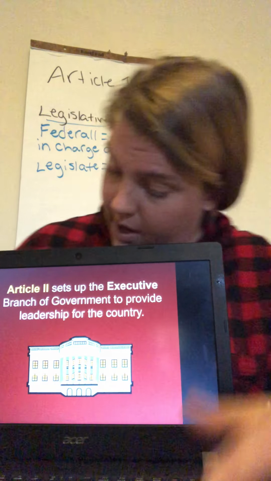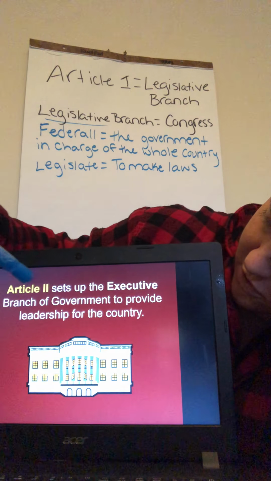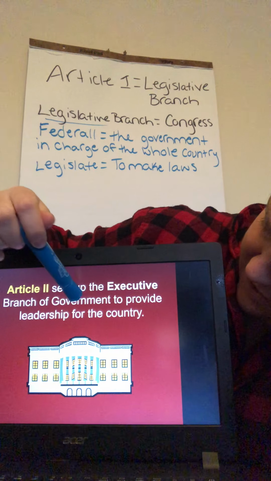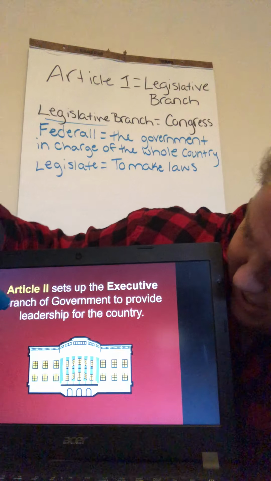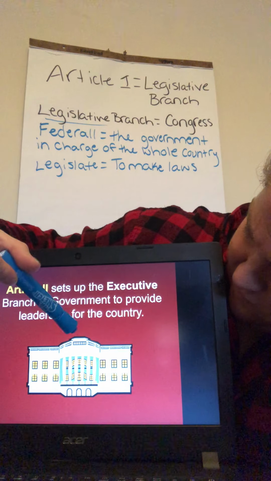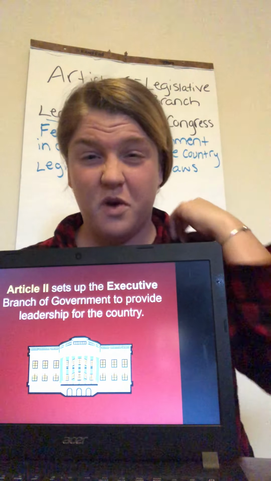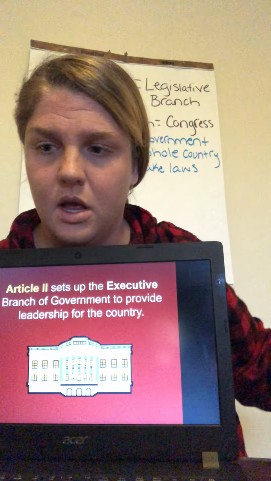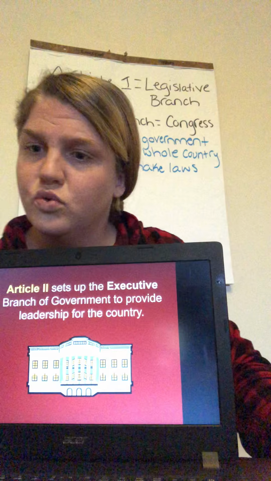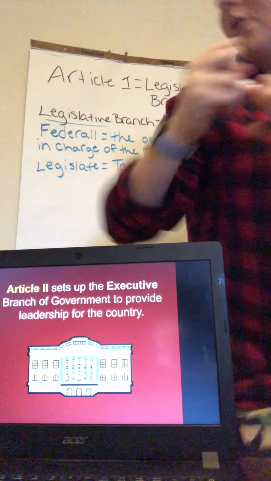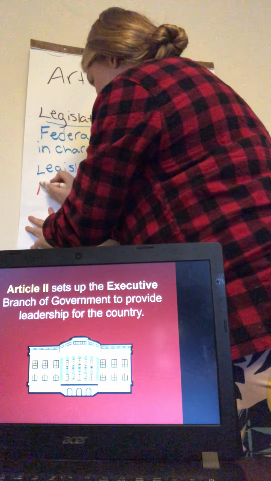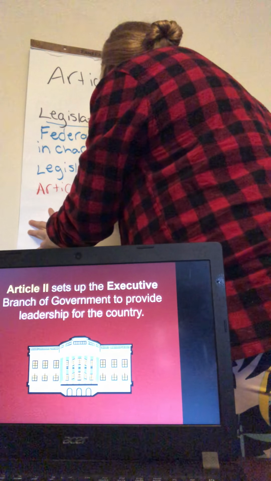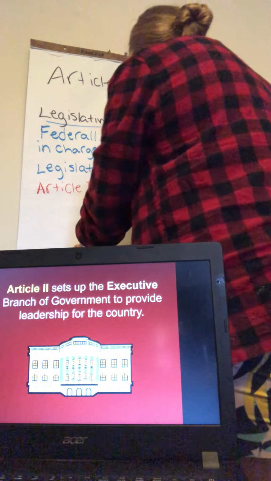Okay, so then Article 2 sets up the executive branch of government to provide leadership for the country. Article 2 you're probably really familiar with because that's the president. So let's use red.